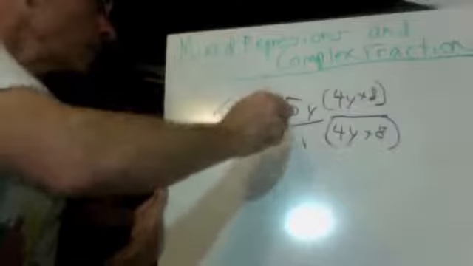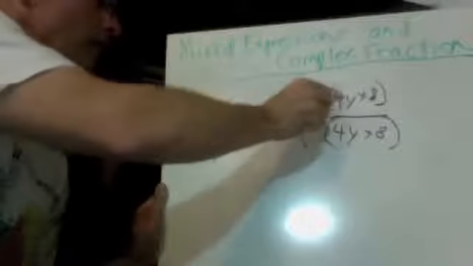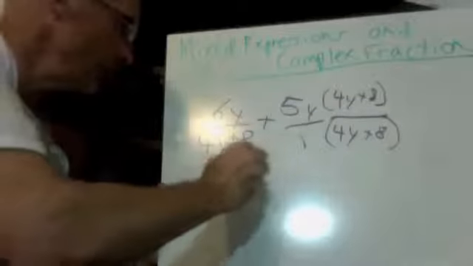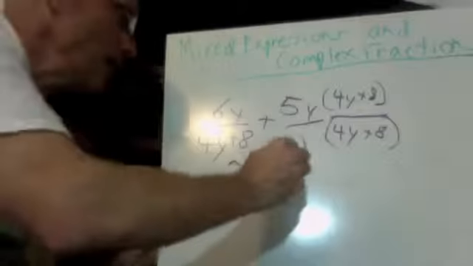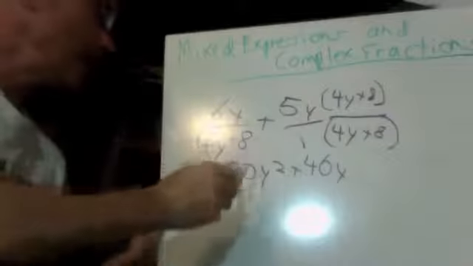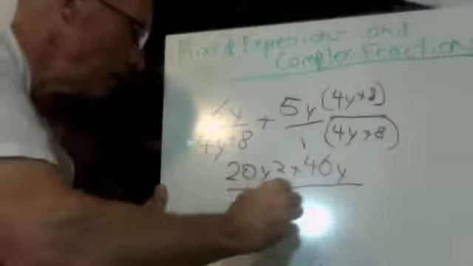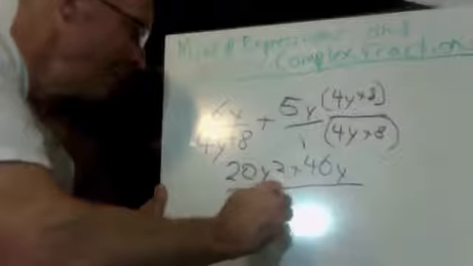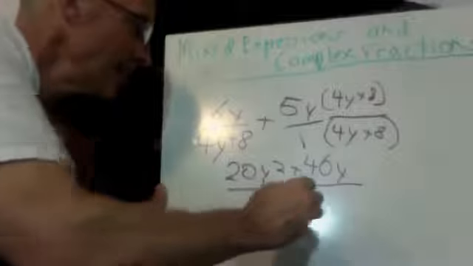Let me just rewrite it. 5y times 4y is going to be 20y squared. 5y times 8 is 40y. But then I still have a 6y that I'm adding to that, so I'm going to make it 46y. And that's it. Over, here's my common denominator, 4y plus 8.